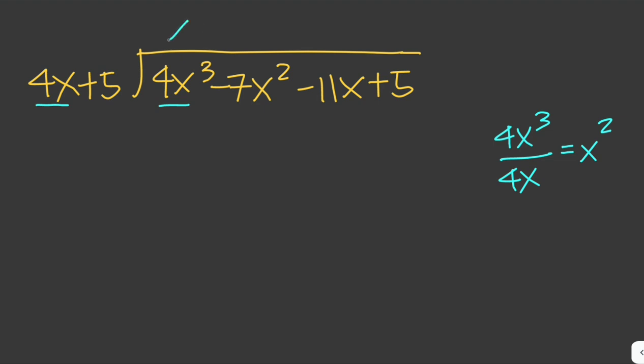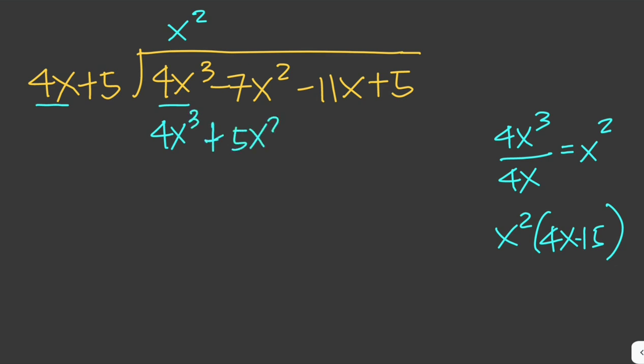So we write x squared here, and then we multiply x squared by 4x plus 5. So x squared times 4x is 4x cubed, plus x squared times 5 is 5x squared. And then we subtract. This is 0.